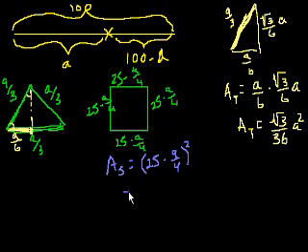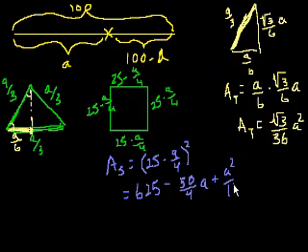And that is equal to 625 minus 2 times, so it's 25 over 4 minus 50 over 4a, plus a squared over 16. So that's the area of the square.